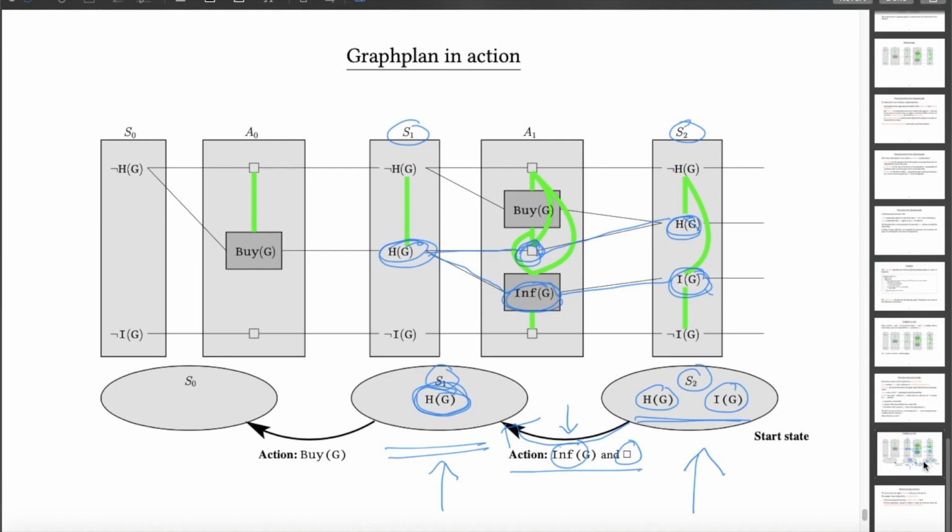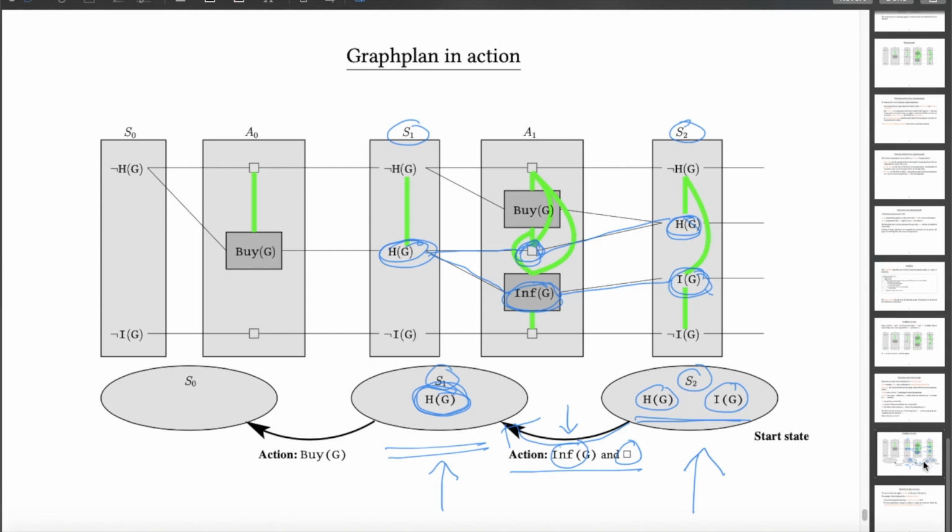At this stage, there is only one applicable action that we can apply in the start state. We can't make an action that includes ByG in order to achieve HG, because the only thing we would be able to pair it with to achieve IG would be inf_g, and there's a mutex link between ByG and inf_g.